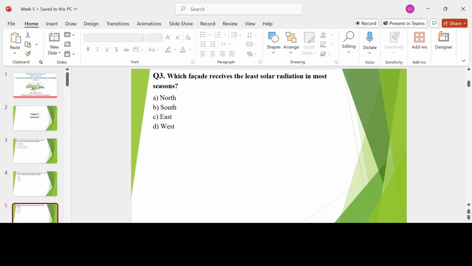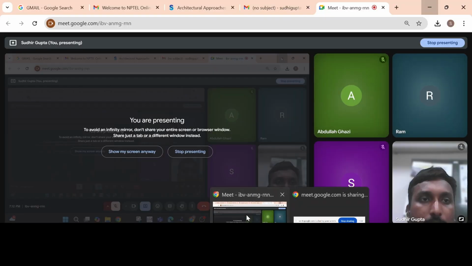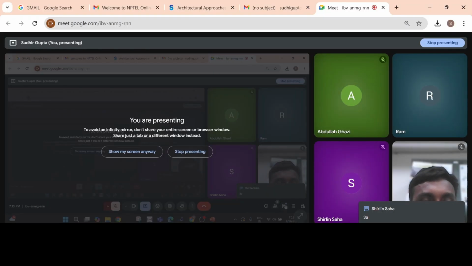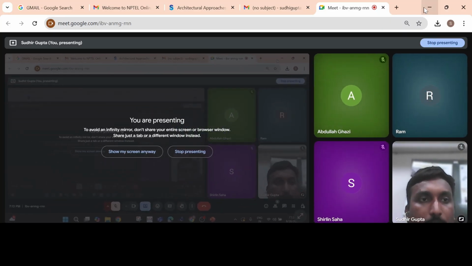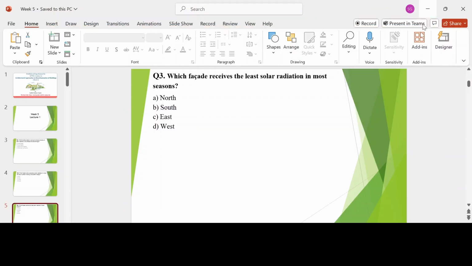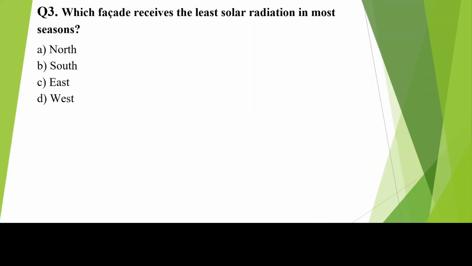I hope, based on the discussion in the previous question, all of you will be able to answer this correctly. I can see all of you have gone through the lecture content very well and are very clear about building orientation. Whoever has marked option A for question number three is absolutely correct.